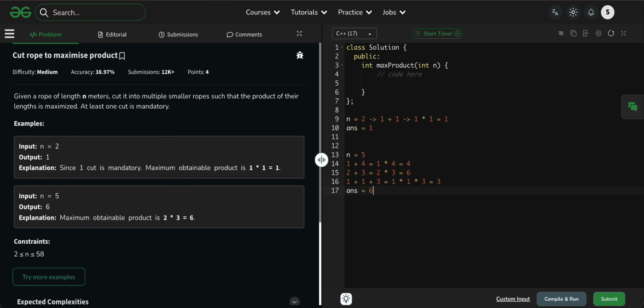For every possible position i, we make the first cut at position i, which gives us pieces of length i and n minus i. Now we have two choices. The first thing is don't cut.